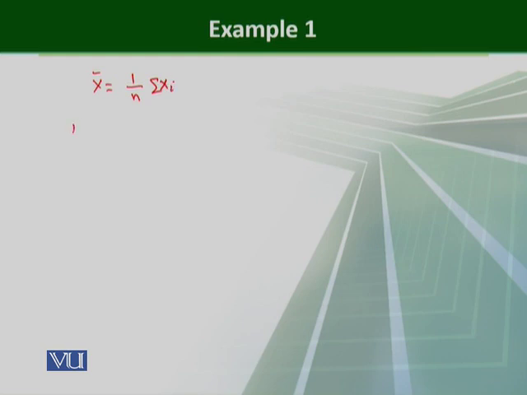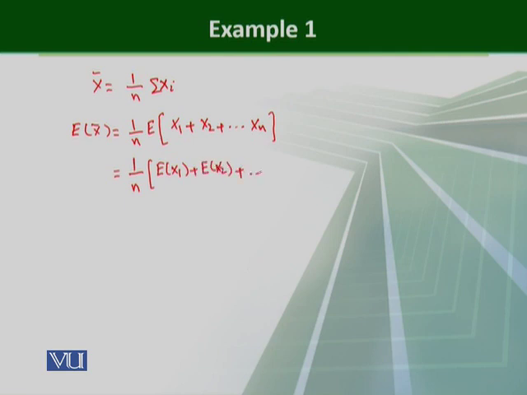So we take the expected value of x bar, that is 1 over n times the expected value of x1 plus x2 plus so on up to xn. Next we apply the expectation on every x, that is expected value of x1 plus expected value of x2 plus so on, expected value of xn.